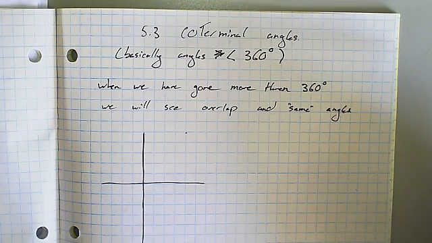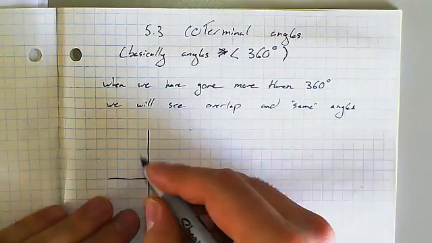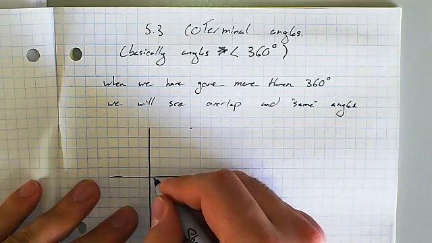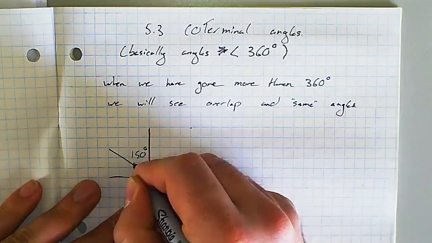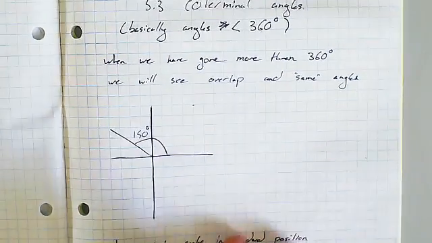The best way to describe it is if I have an angle, we'll say, 150 degrees, like so.